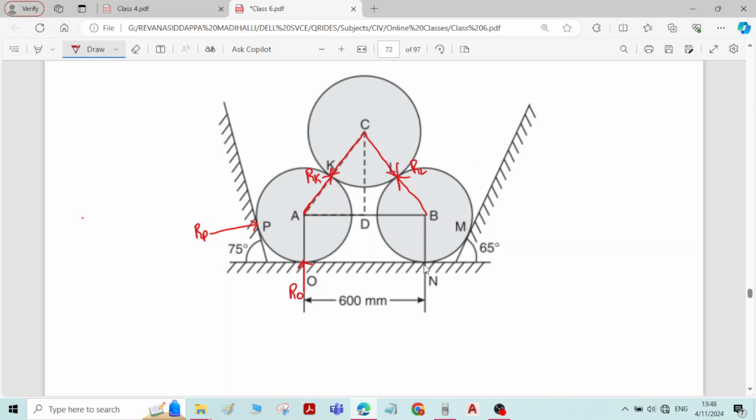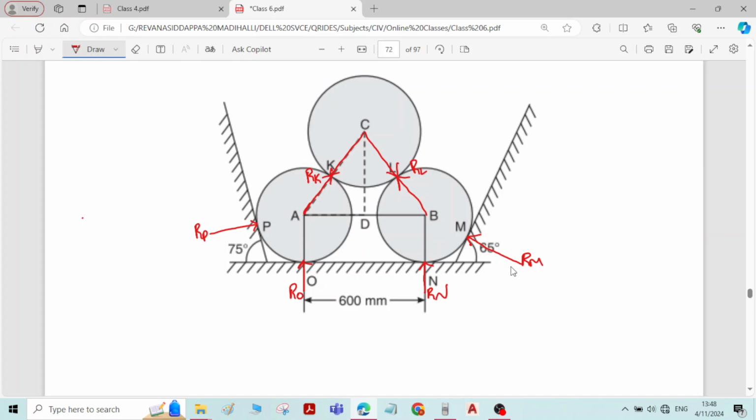And for sphere B, there is contact surface N. Let me write the reaction at contact surface N, that is Rn, and at point M, the reaction is Rm.